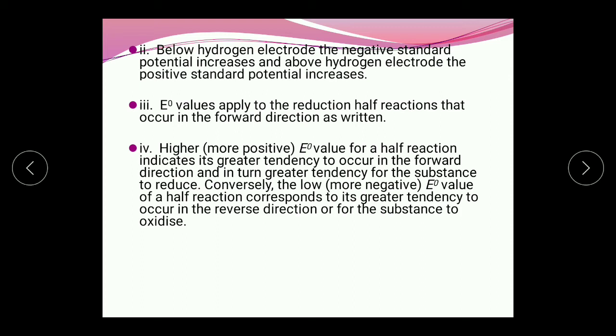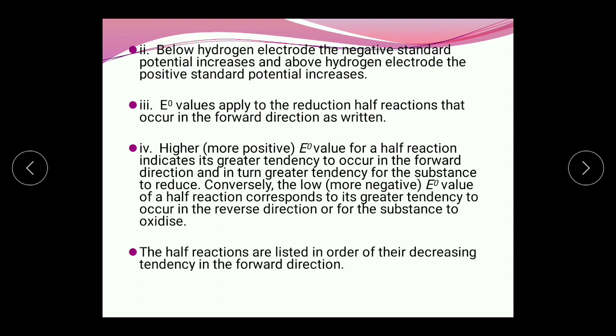That means below SHE, if you see the series, there are metals, and above SHE there are generally non-metals. The half reactions are listed in order of their decreasing tendency in the forward reaction. Naturally, those having higher values are at the top, and those having lower tendency of reduction are written below SHE.